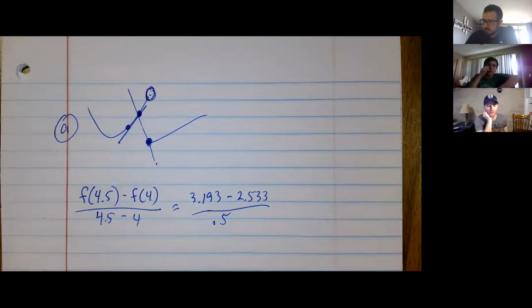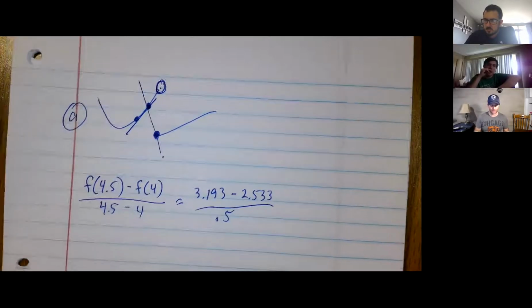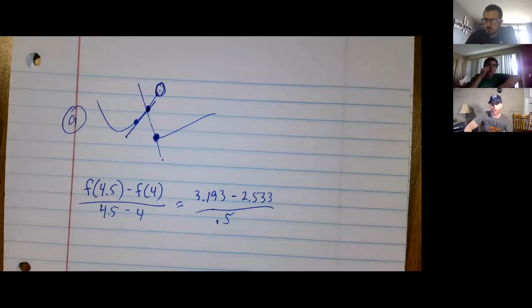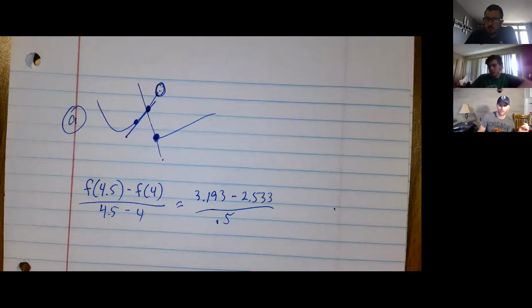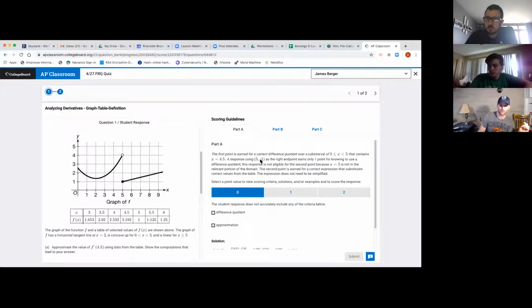I suppose if they were reading this, they might take that into consideration, but I can share with you what it says in the rubric right here. It says a response using 5, 1 as the right endpoint only earns 1 point for knowing to use a difference quotient.